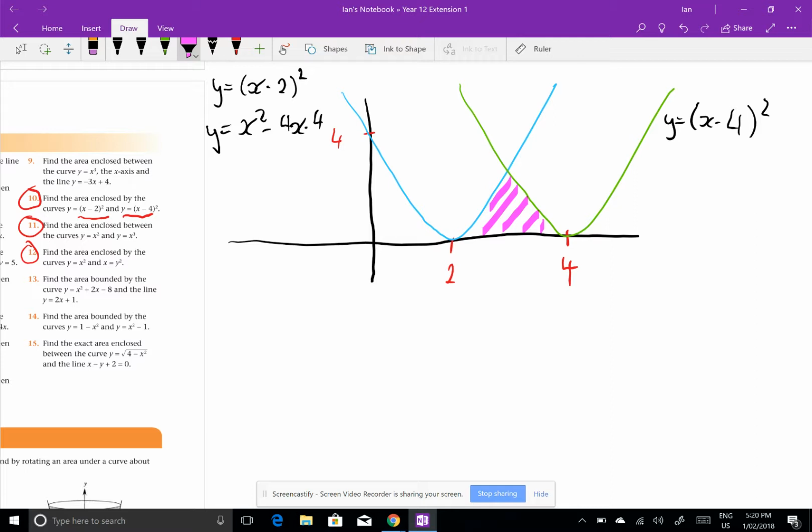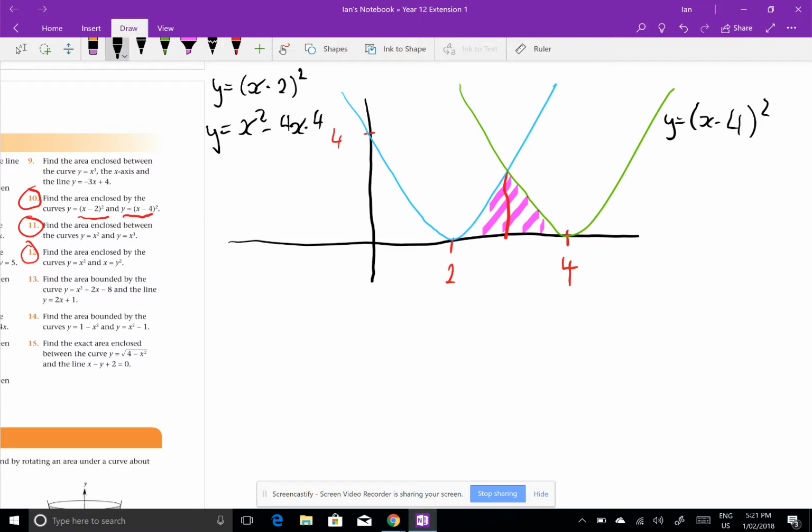So find the area enclosed by those two curves. All right, and we need to find the point here where they intersect, because we're just going to find the area under the blue curve and then the area under the green curve to that point and add them together.